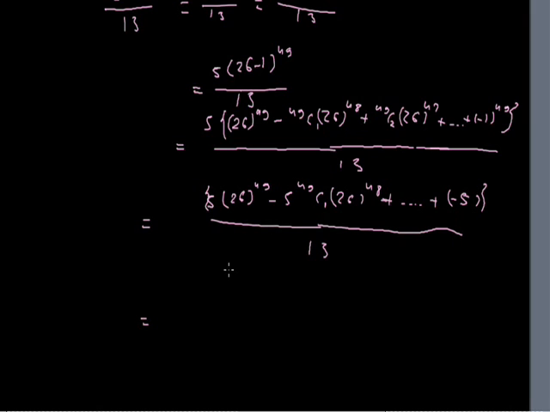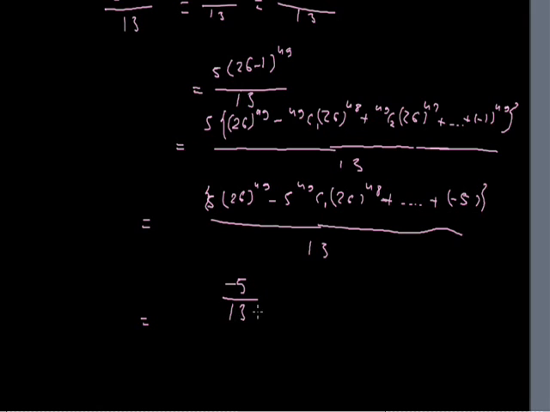So now each term, 5 into 26 to the power 49 minus 5 into 49c1 26 to the power 48, each term is divisible by 13, but the last term, which is minus 5, is not divisible by 13.